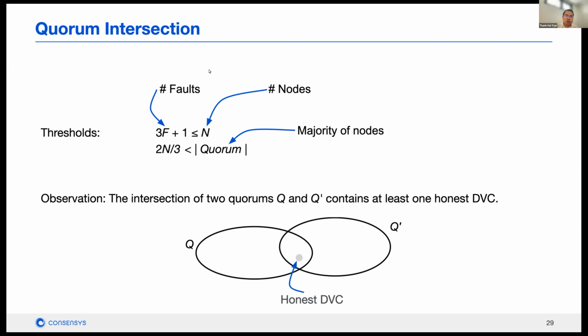A quorum is a majority of nodes, and we need to have at least 2n/3 of nodes in the quorum. And we have an important observation: given two arbitrary quorums Q and Q prime, their intersection contains at least one unslashed node.